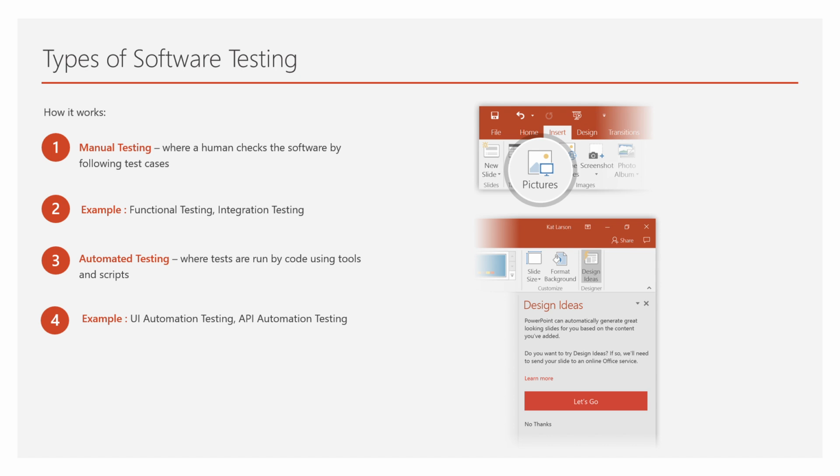For that we go with different kinds of software like Selenium WebDriver, SOAP UI, and JMeter. There are other types of software which we use for that kind of automation testing. For example, in automation testing, we can go with UI automation testing and API automation testing.